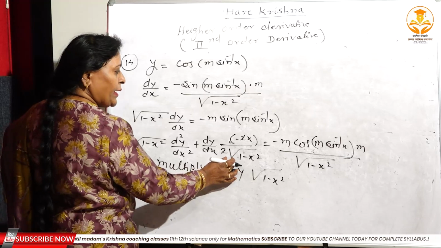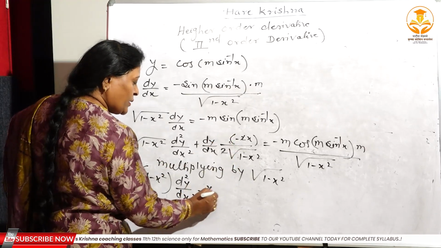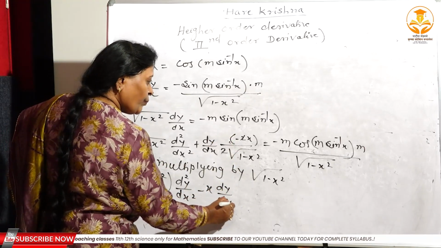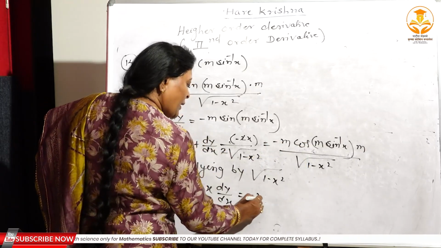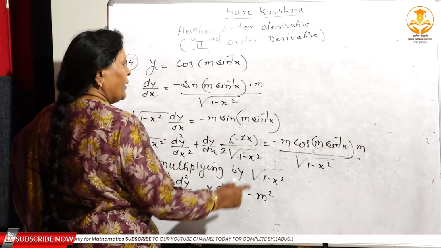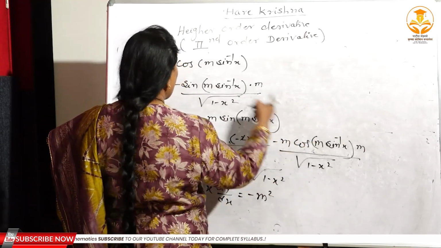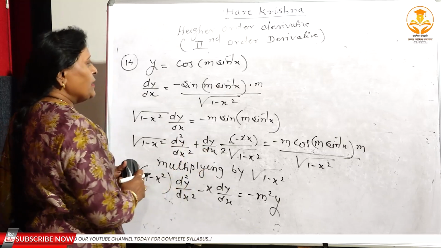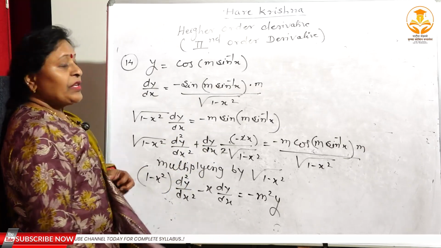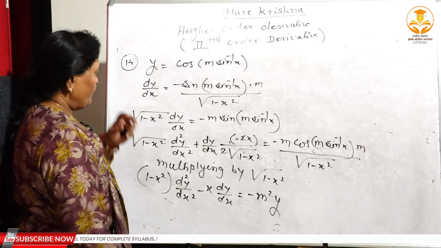Again this term gets cancelled, 2 also gets cancelled, x dy by dx. Here minus m into m is minus m square, and cos of m sin inverse x is nothing but y, which you can substitute. This is the 14th example.